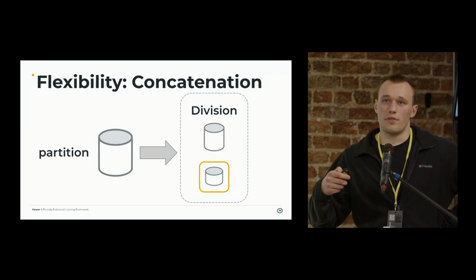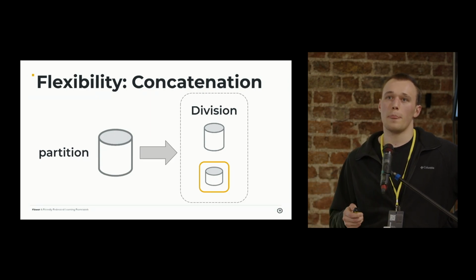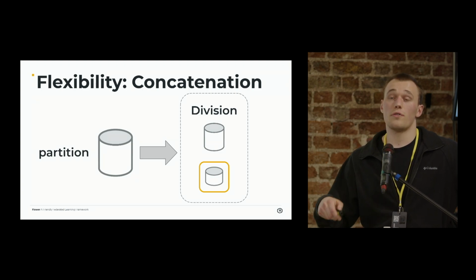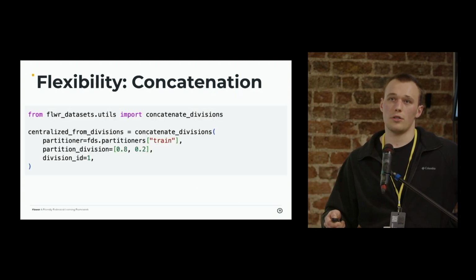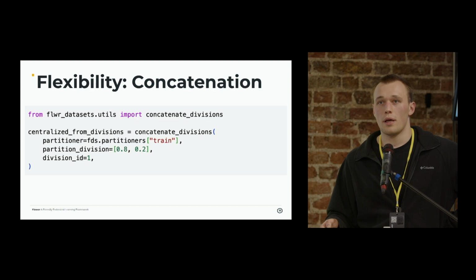And we also provide functionality, coming back to the centralized thing. For example, if you want to create a centralized dataset out of the test, let's call them, or evaluation parts of the dataset of each of the partitions that you create, you can also do that quite easily, just one line of code.